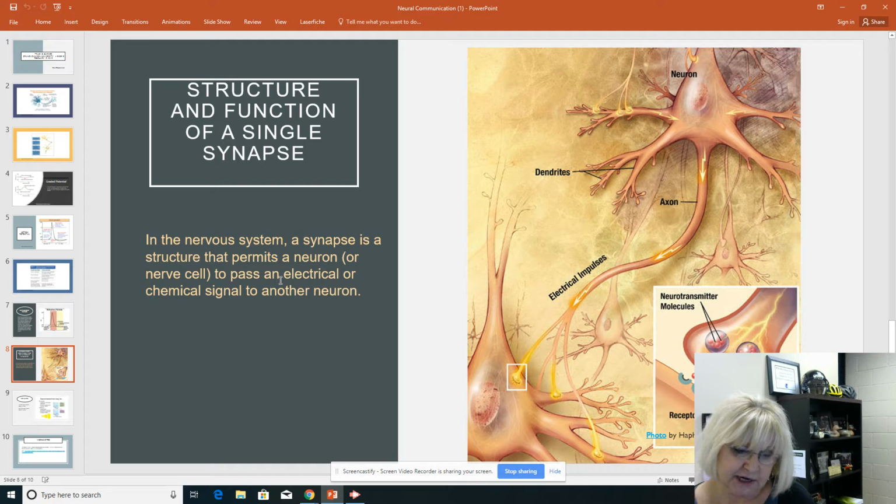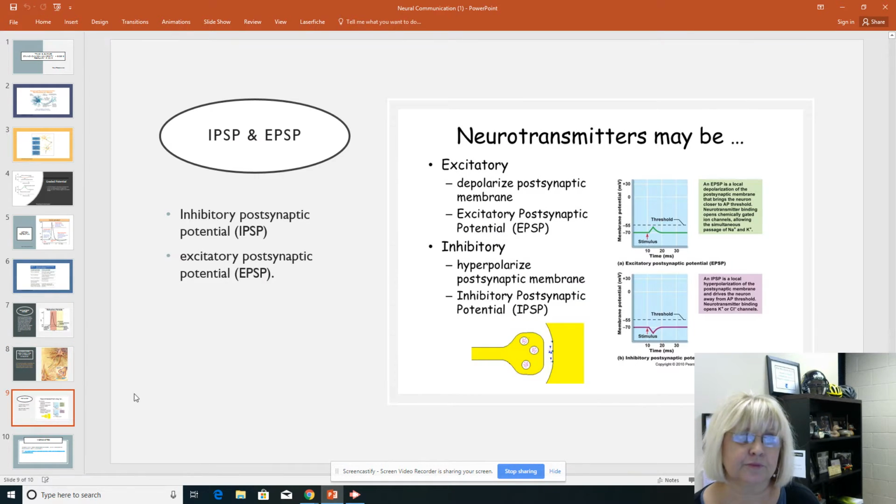The events that occur at a single synapse result in either an EPSP, excitatory postsynaptic potential, or an IPSP, inhibitory postsynaptic potential at the postsynaptic neuron. So your EPSPs and IPSPs are graded potentials.